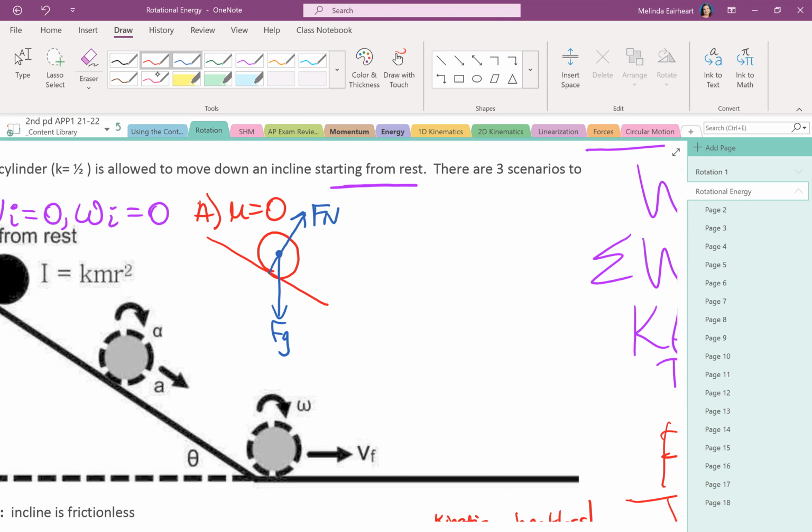It's at the center. And so if we also designate with the triangle, it's also at the center of mass. Well, how much torque, how much lever arm does gravity have? 0. What about normal force? 0.